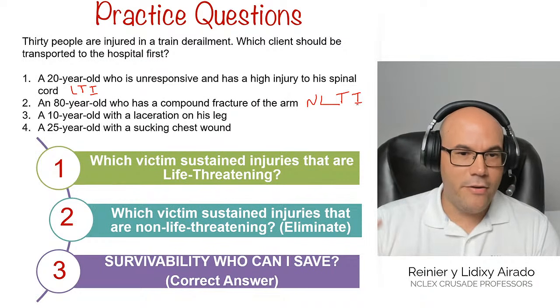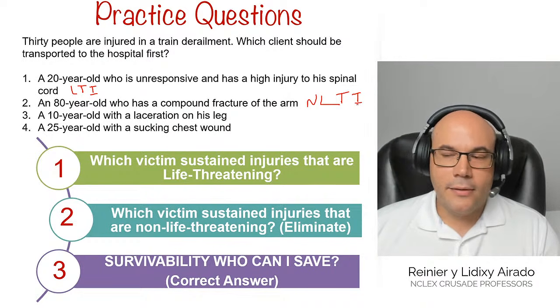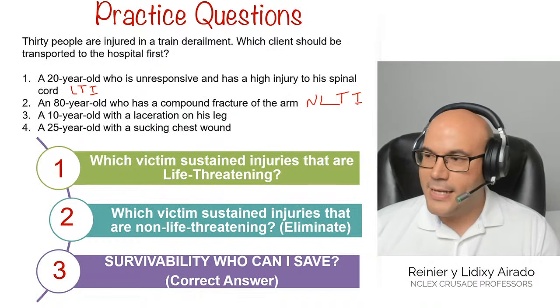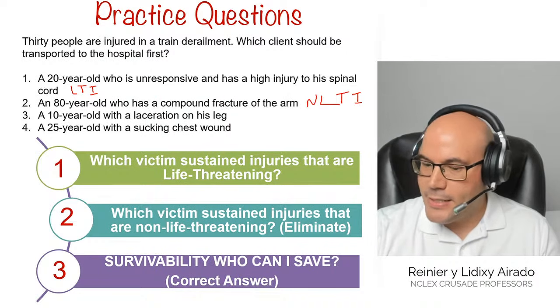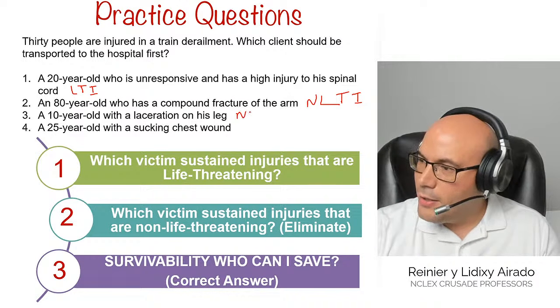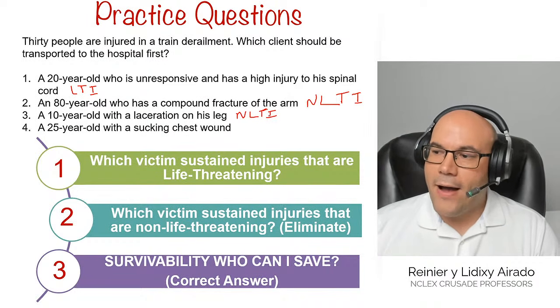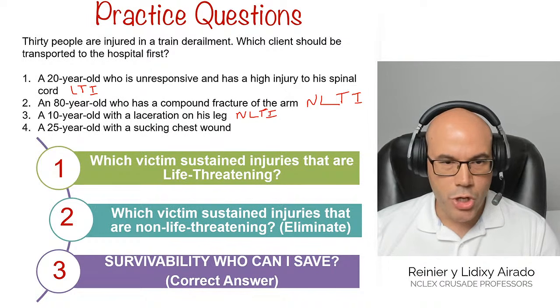I'm just going to abbreviate to make it easier. Answer number 3. A 10-year-old with a laceration on his leg. We don't have to do much thinking here. This is a non-life-threatening injury. And answer number 4, it says a 25-year-old with a sucking chest wound.